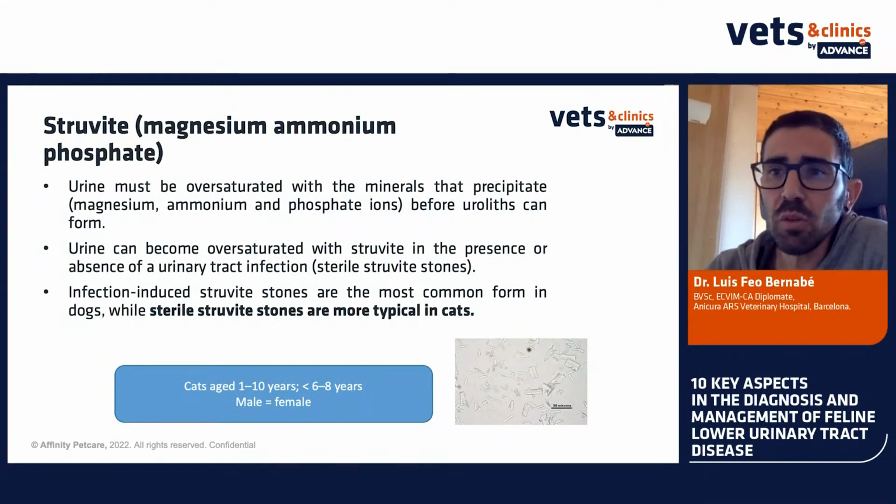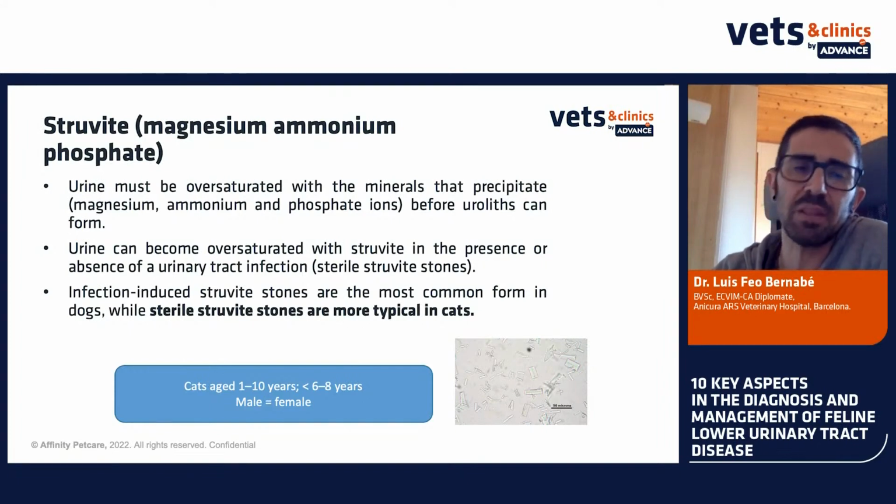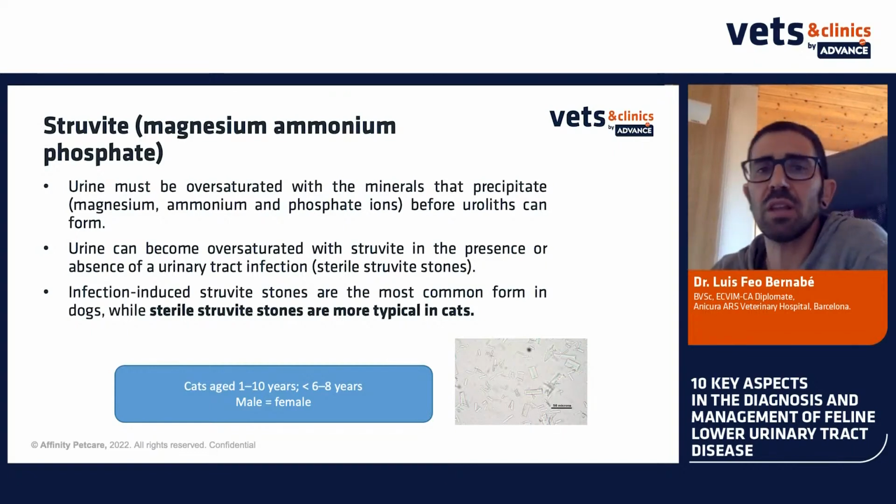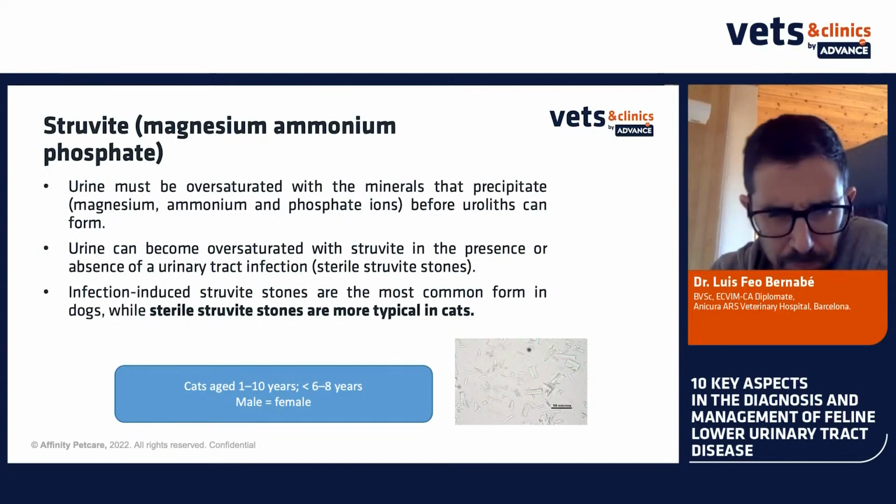As we know, struvite is the magnesium ammonium phosphate stone, and it's important to remember that urine must be oversaturated with the minerals that precipitate, magnesium, ammonium, and phosphate ions, before uroliths can form. So you need that oversaturated urine.